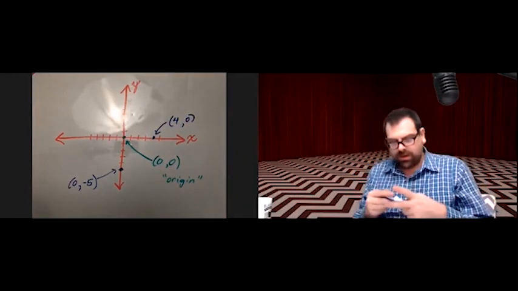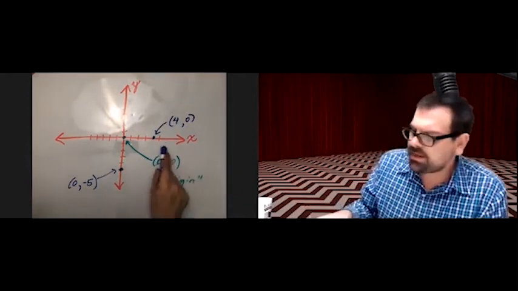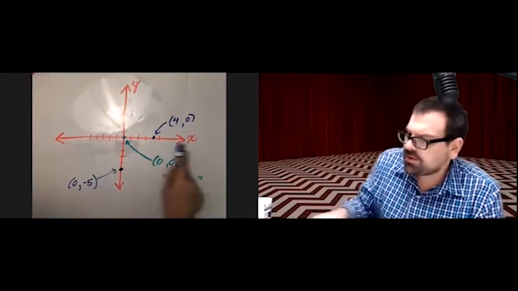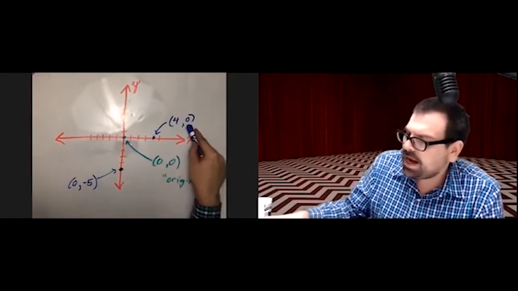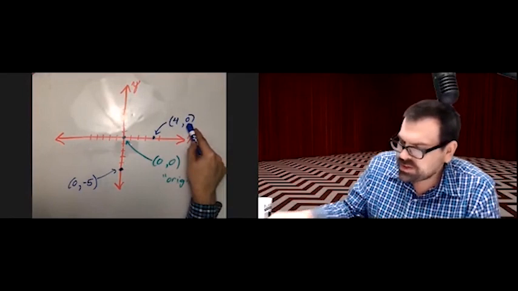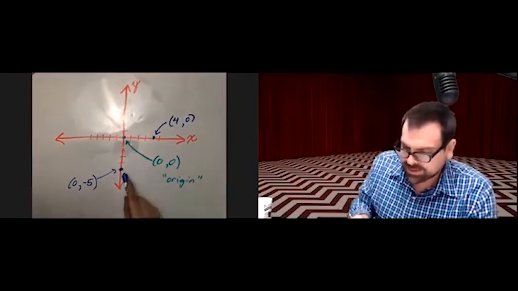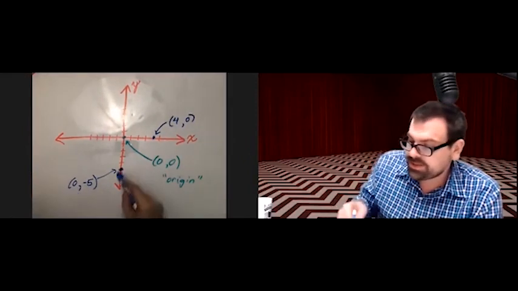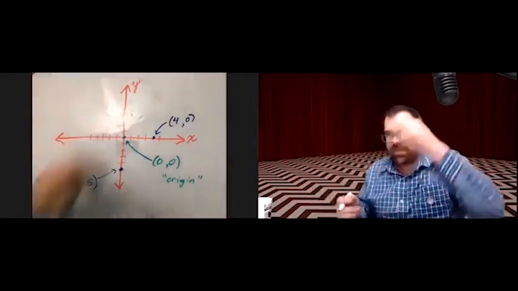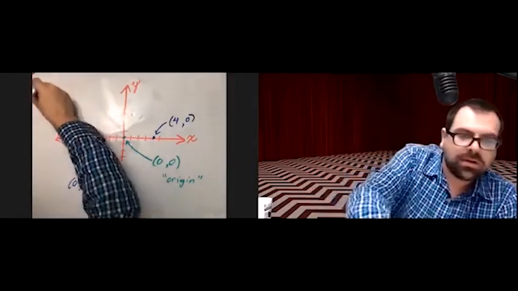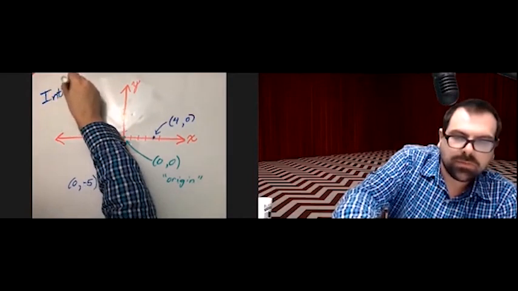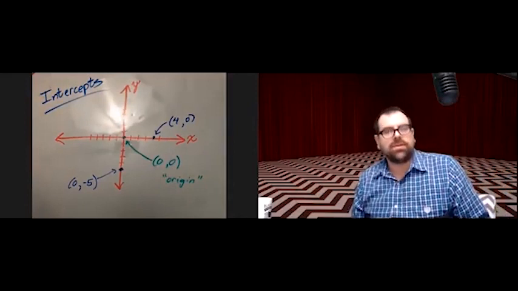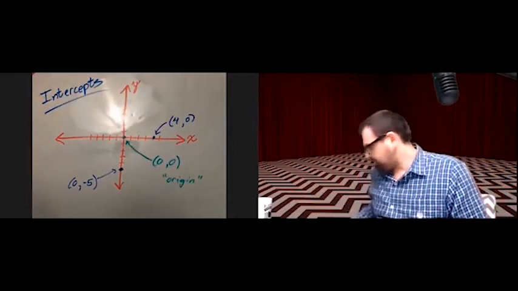What I want to point out here is that something that's directly on the x-axis, the horizontal axis, has a y of 0. Something that is directly on the y-axis has an x of 0. These types of points that happen to fall right on the axes are called intercepts because they intercept the axis.